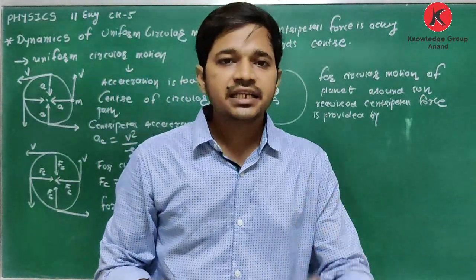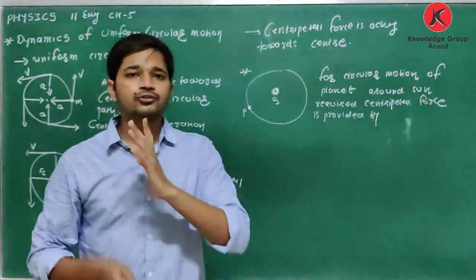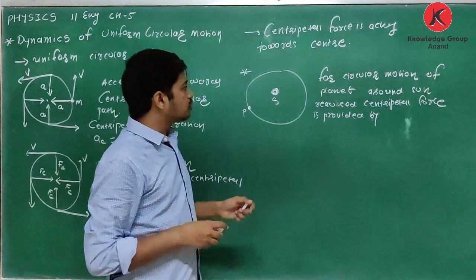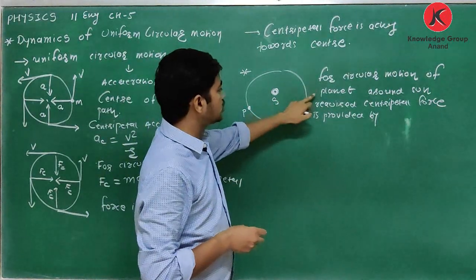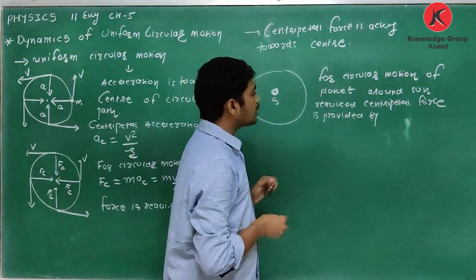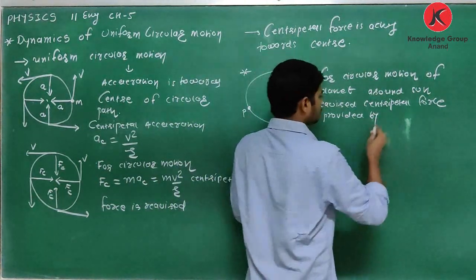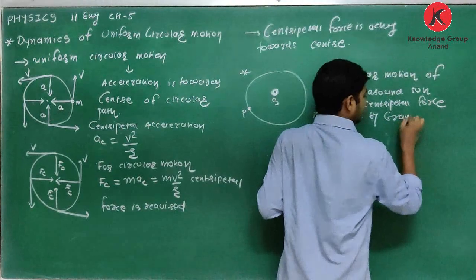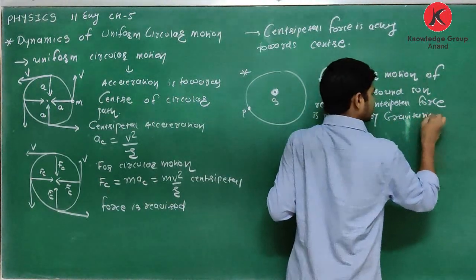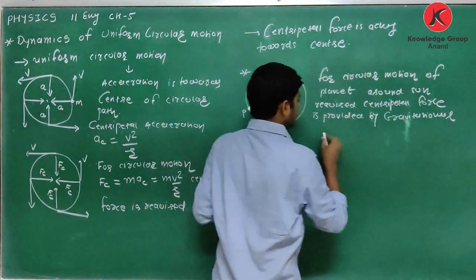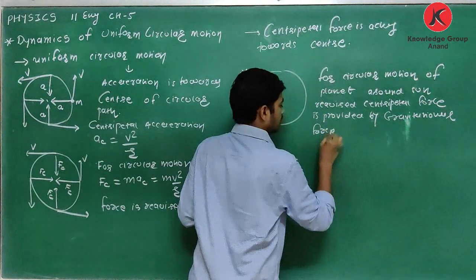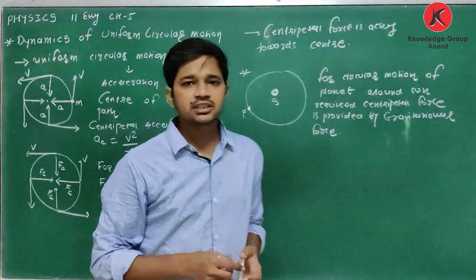It is gravitational force. So for circular motion of a planet around the sun, the required centripetal force is provided by gravitational force. Clear? You have to remember this point.